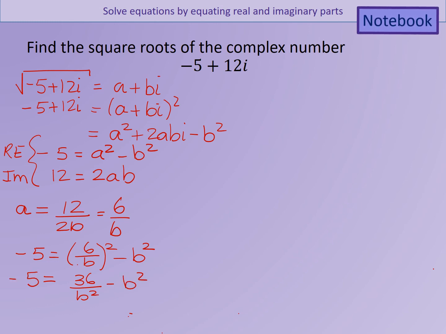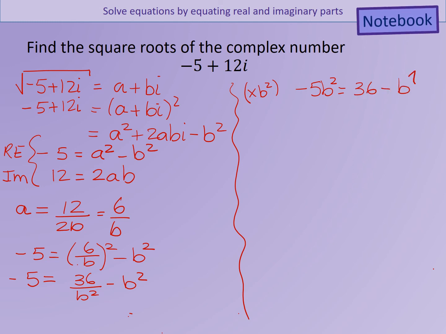And again, similar to the last example, we want to get rid of the divide by b squared. So I'm going to multiply each term by b squared. Let's write that over back at the top. So multiplying each term by b squared, we have minus 5b squared is equal to 36 minus b to the power 4.